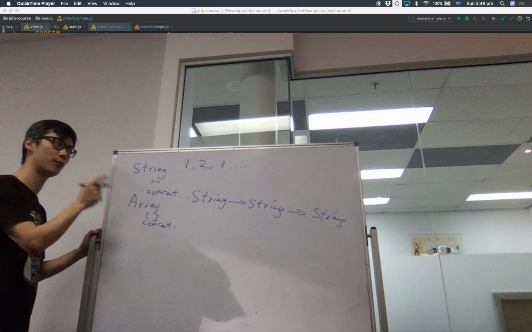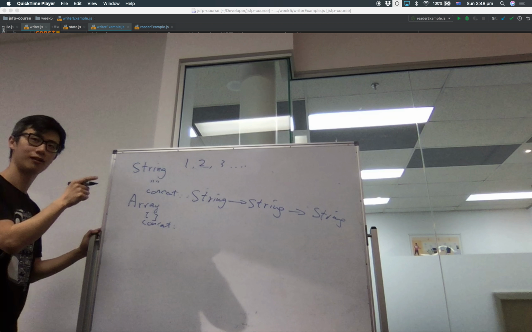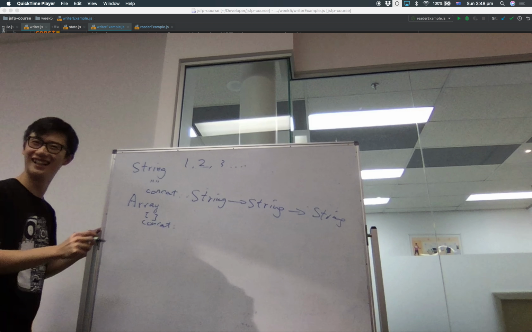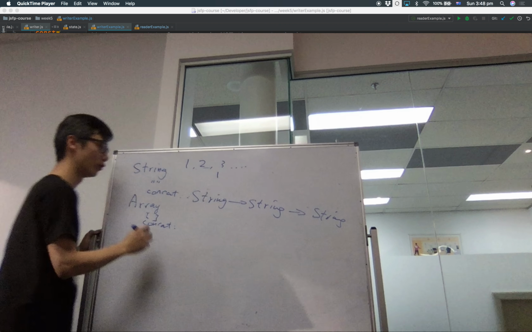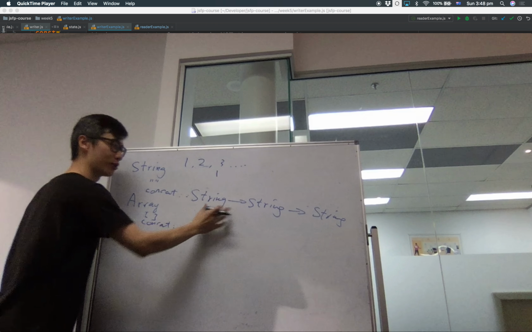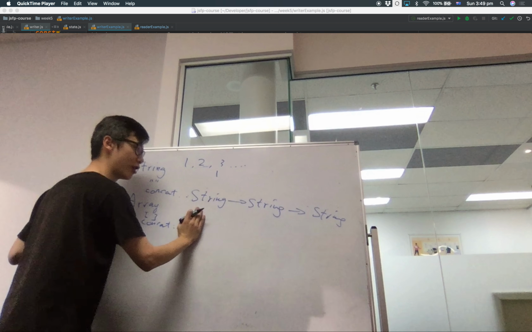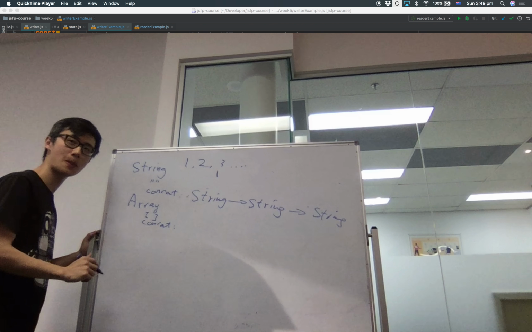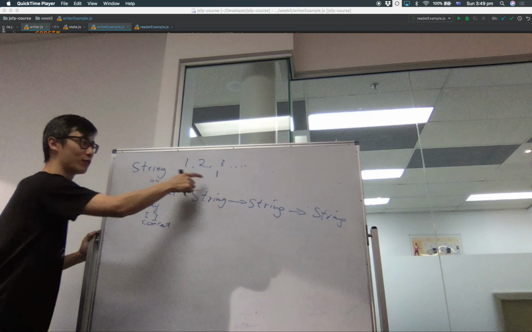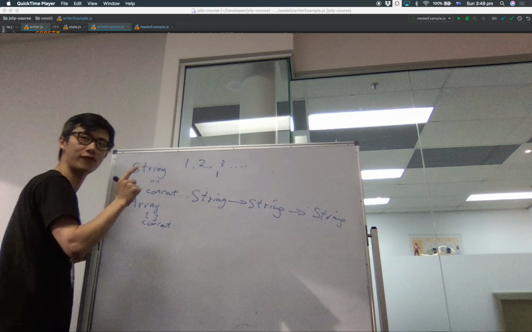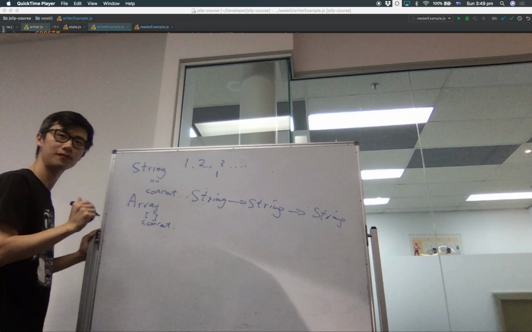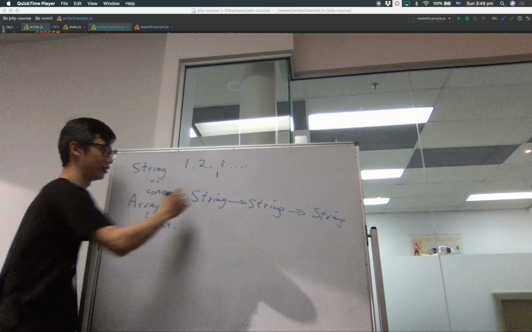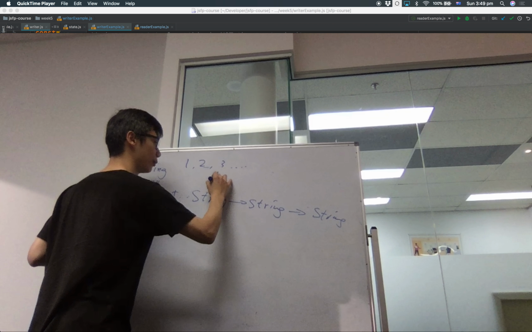What's the empty value for that monoid? 1. What's the binary operation which takes a natural number, another natural number, produces another natural number? Is it add? Multiply, right? Yeah, multiply.